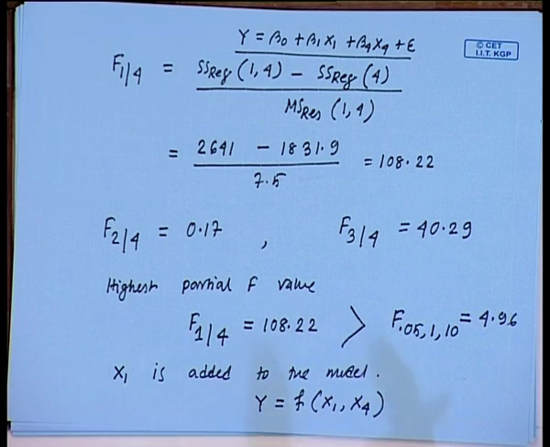Now, in the presence of x1 and x4, we will see whether x2 is significant in the presence of x1 and x4, or whether x3 is significant in the presence of x1 and x4 in the model. So, if none of them are significant, then we stop here. Okay. So, this is what we have to do now.